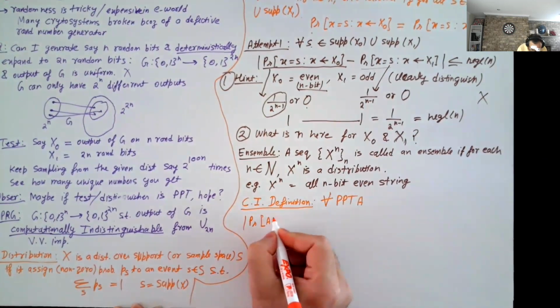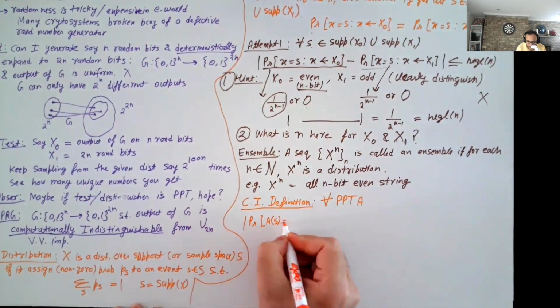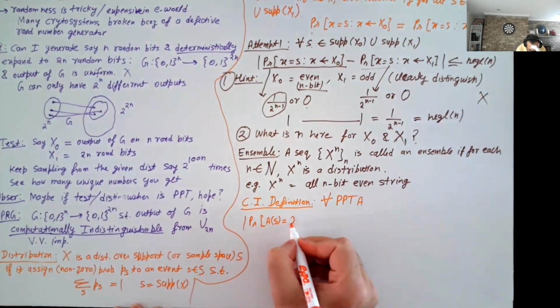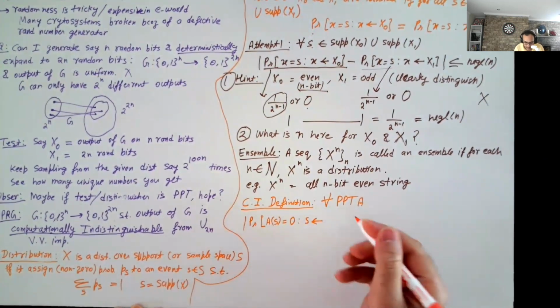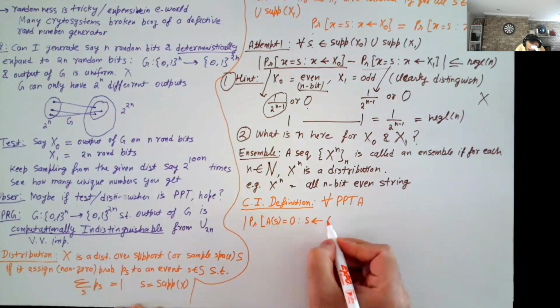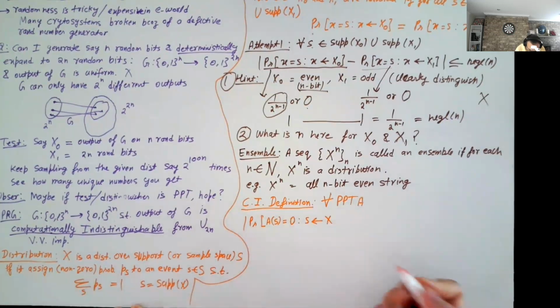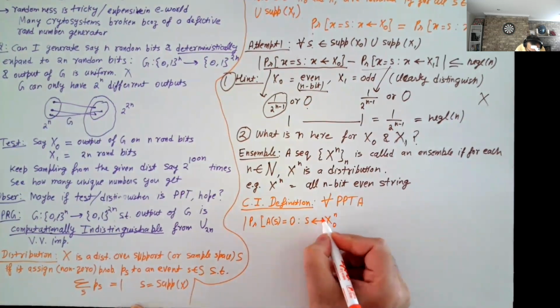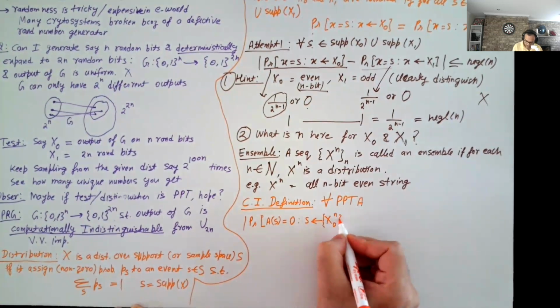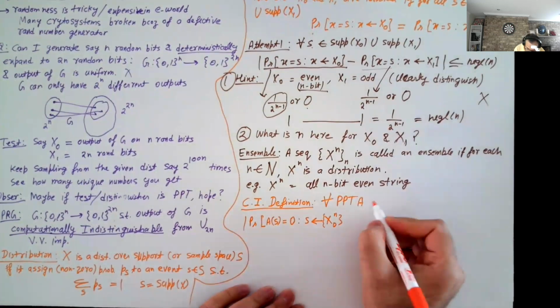The probability that A(S) outputs 0, where S is coming from X0_n.